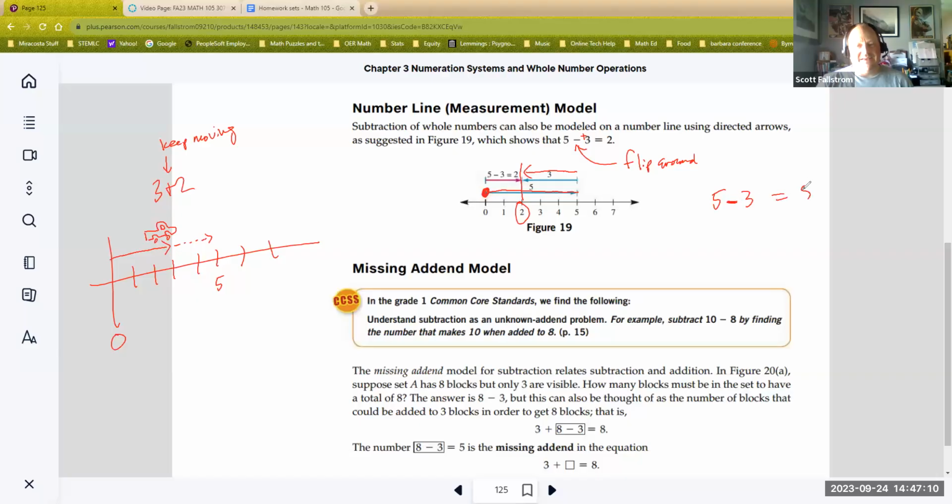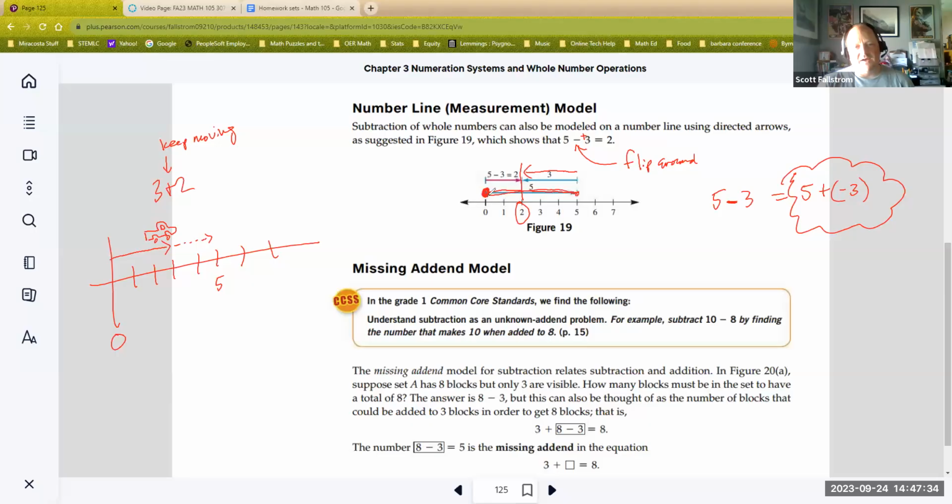So 5 minus 3, yes, we will get to this stage where 5 minus 3 is the same as 5 plus negative 3. And when you get higher in math, or maybe you'll start to buy into it now, you'll realize this one is significantly easier to deal with. I don't need a new operation. So if I was in my truck and I say, well, what is 5 plus negative 3?